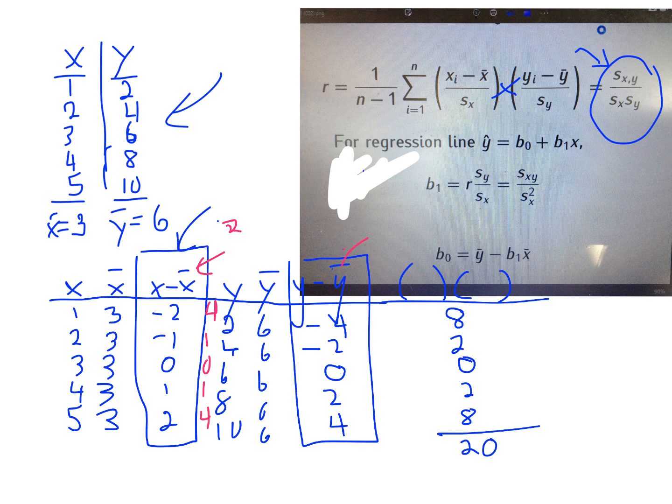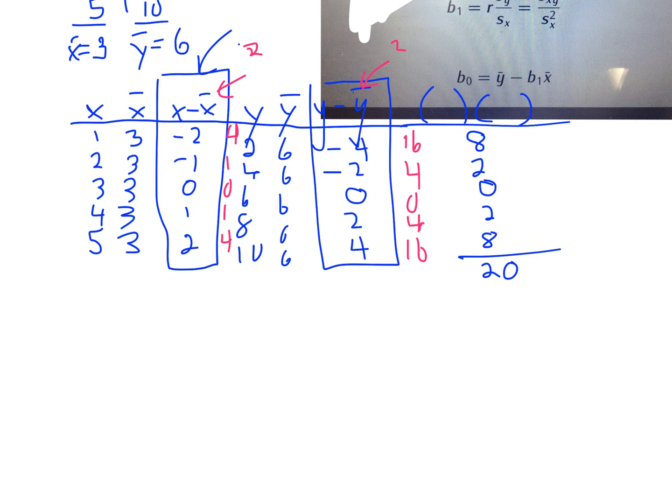And if I square this, I'm going to get 16, 4, 0, 4, 16. So my standard deviation for X and my standard deviation for Y come from these values. What happens is I'm going to add them up. In the case of the X's, I've got a sum of 10. And in the case of the Y's, I've got a sum of 40.